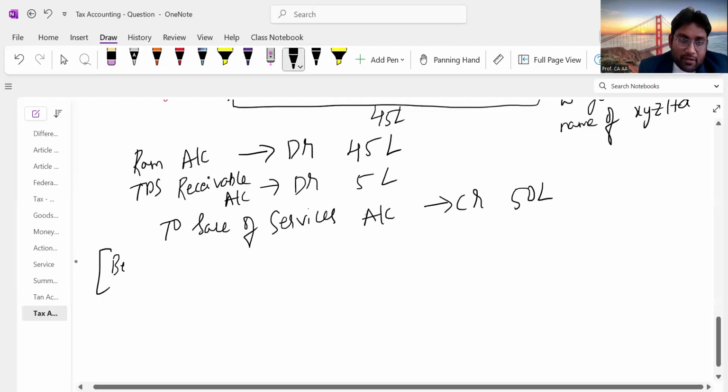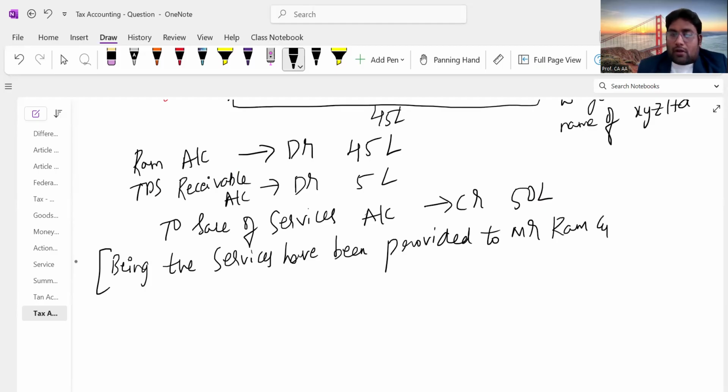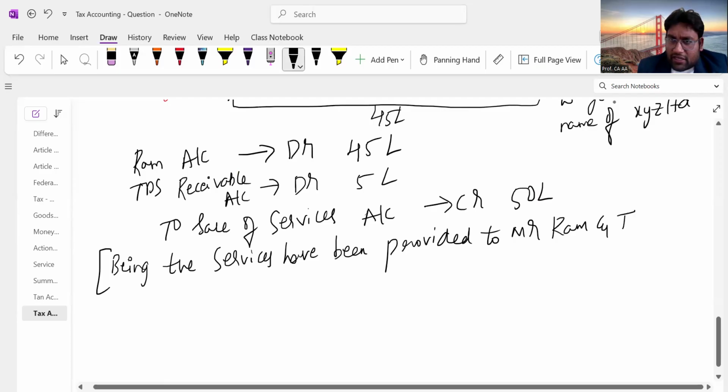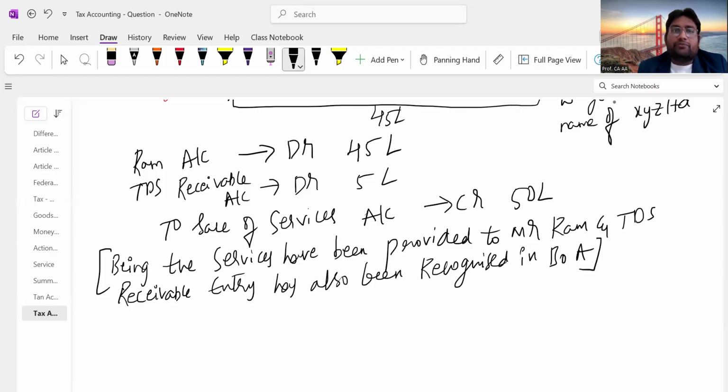The narration: services have been provided to Mr. Ram and the TDS receivable entry has also been recognized in the books of accounts. This is the entry.